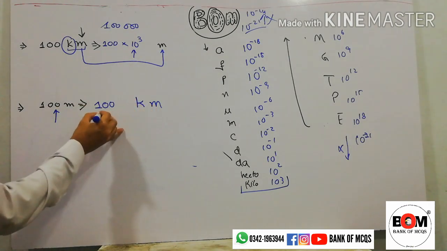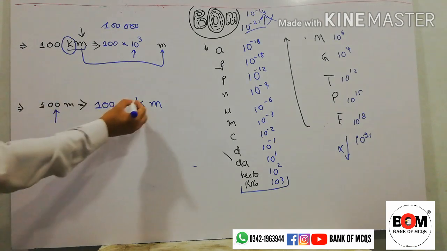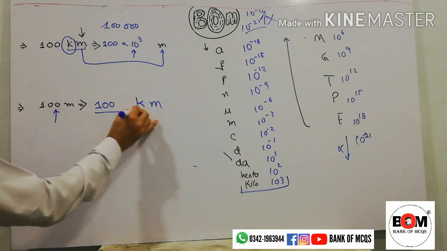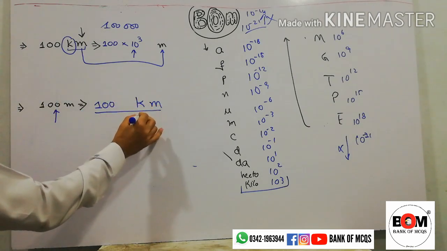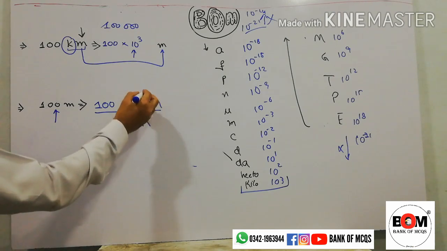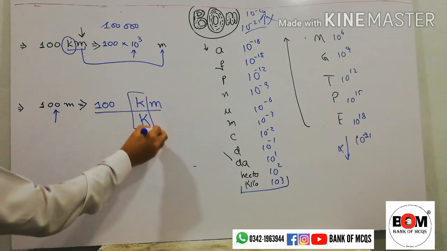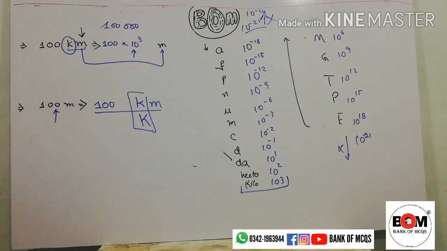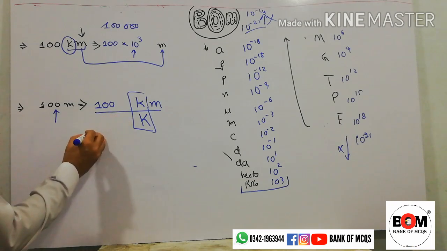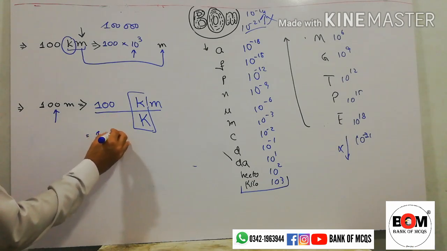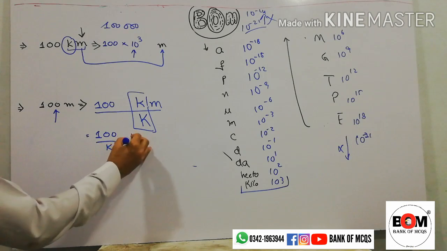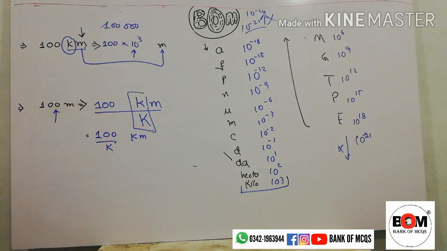The best way to get kilo here is to multiply and divide 100 meter by kilo. Because I need kilometer, I will multiply and divide it by kilo. So here I get my required answer: 100 divided by kilo kilometer.